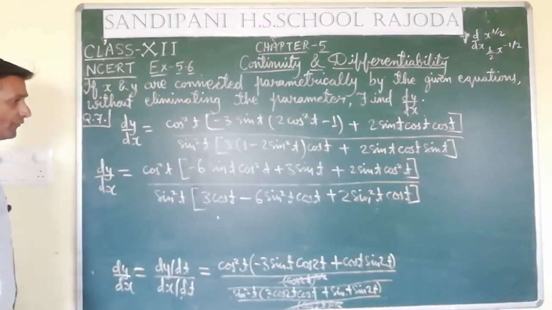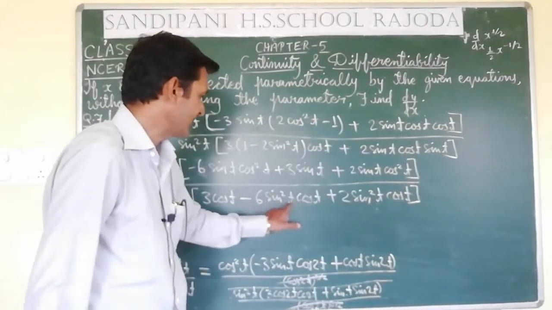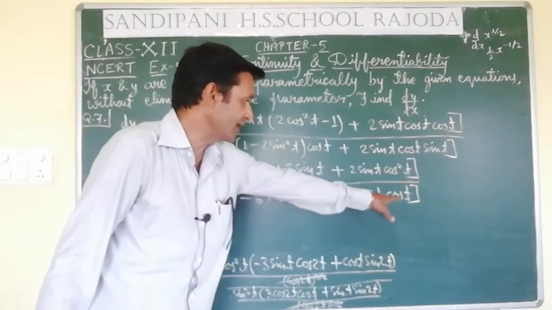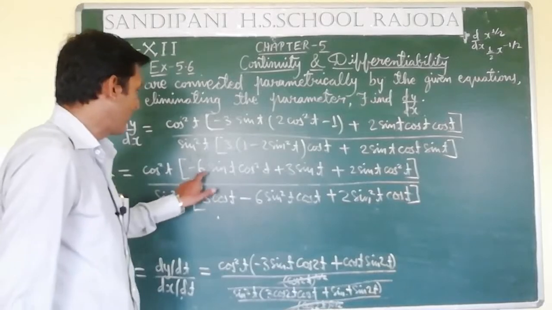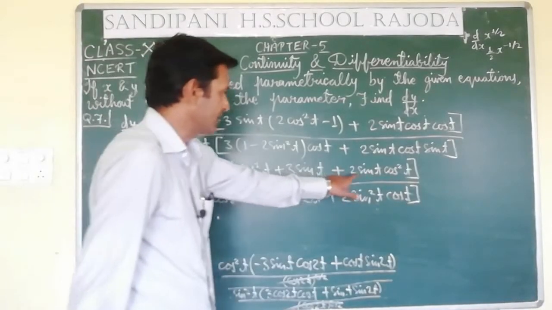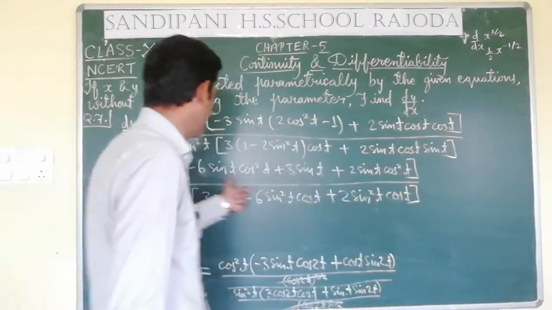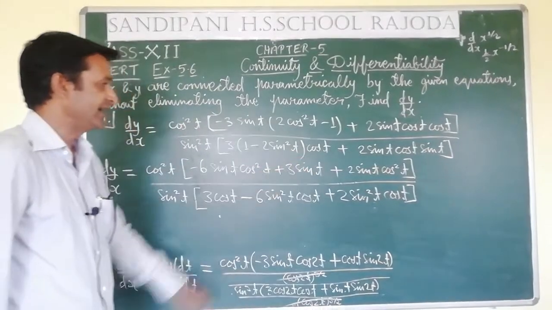So now we may solve this part. See, minus 6 sin square t cos t plus 2 sin square t cos t, that will be minus 4 sin square t cos t, and here it is minus 6 sin t cos square t plus 2 sin t cos square t, that will be minus 4 sin t cos square t.